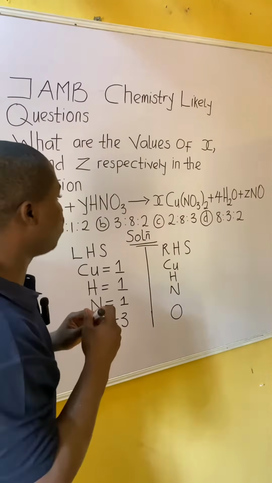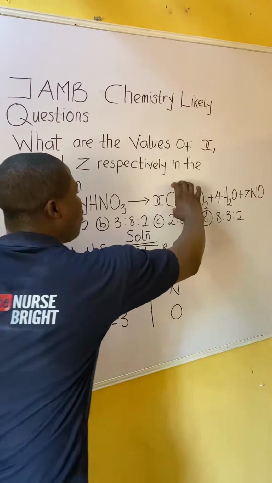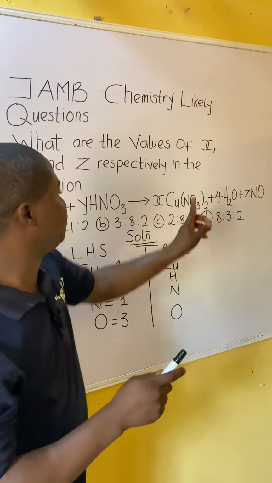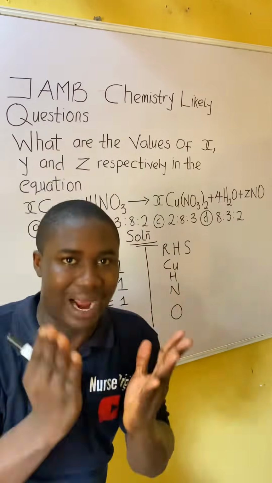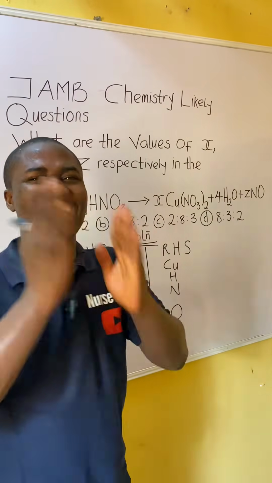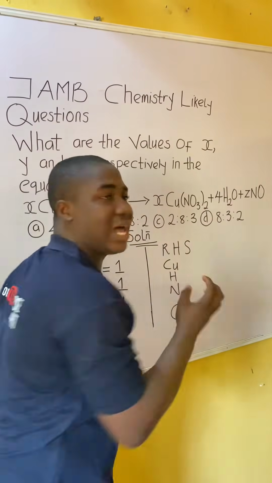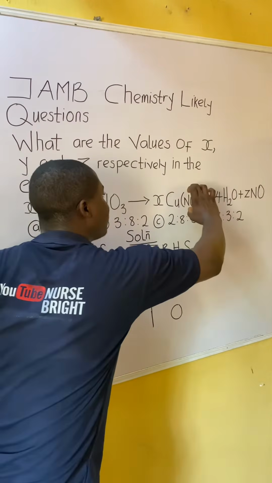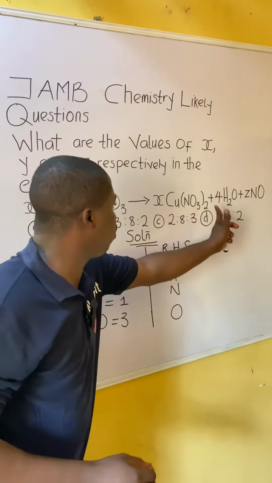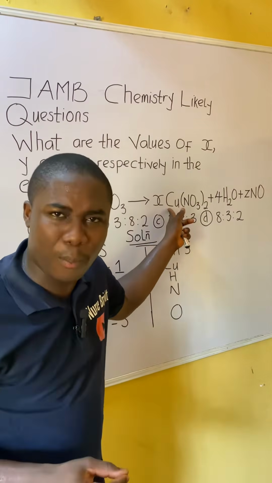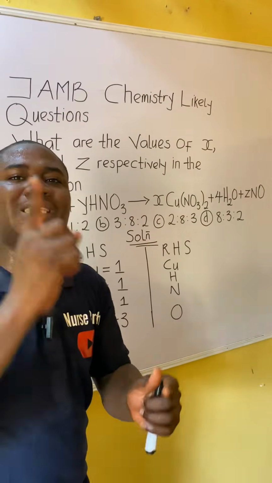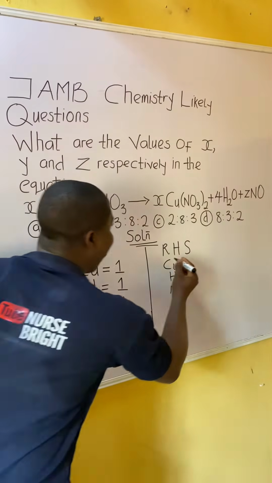Just listen. So now, how many copper can we see here? Remember, you can see NO3 was in a bracket and 2 was outside. It means that this 2 that is outside is affecting only NO3. The 2 that is outside is not affecting copper. So automatically we still have just 1 copper. Are you there?